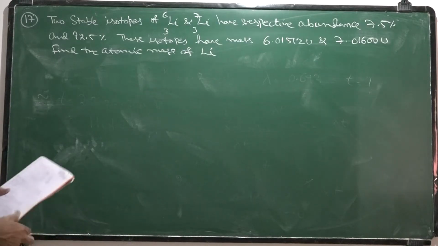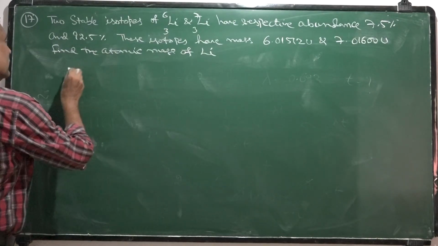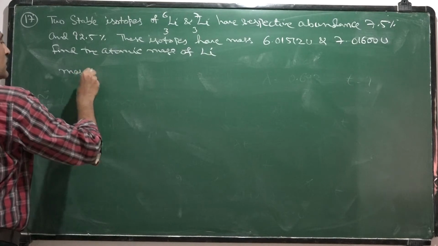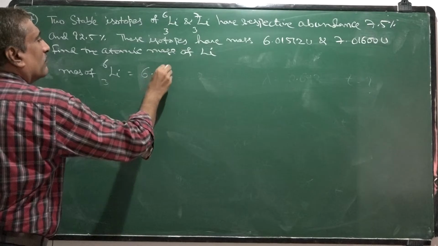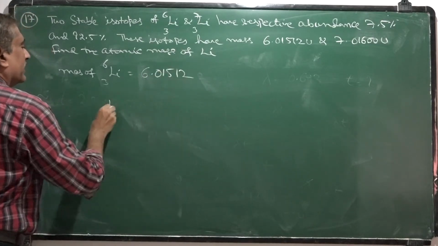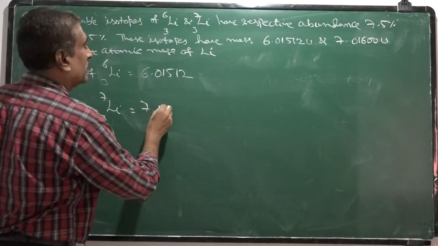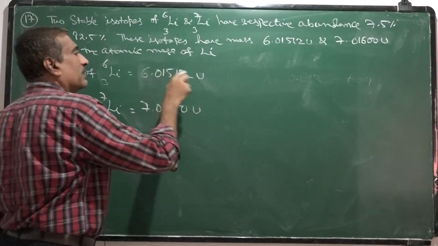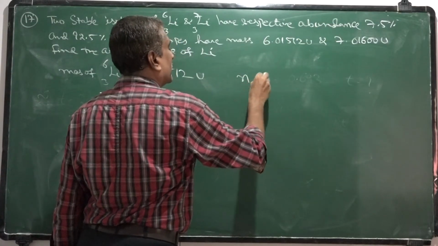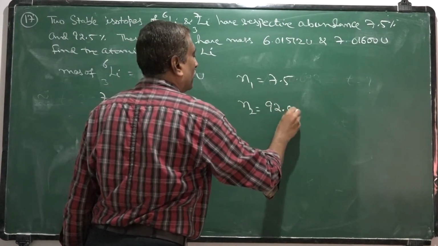Okay, now given that the mass of lithium-6 is 6.01512 and that of lithium-7 is 7.01600 units, and the abundance of the first is 7.5 and of the second is 92.5.